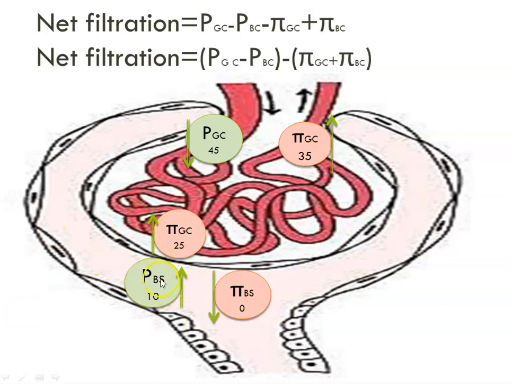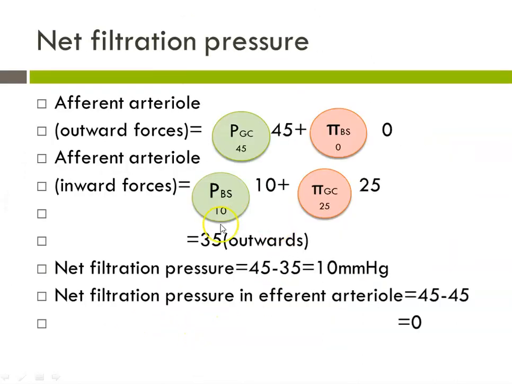So 25 plus 10 is equal to 35. Now you take the difference: 45 minus 35 is equal to 10 mmHg. This is the net filtration force. This net filtration force helps in the glomerular filtration.